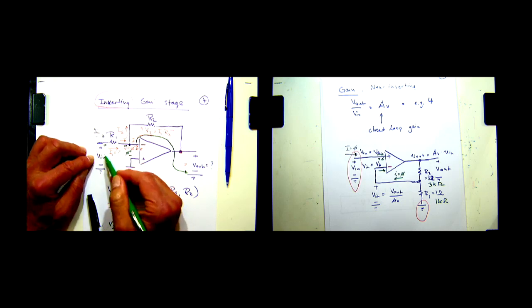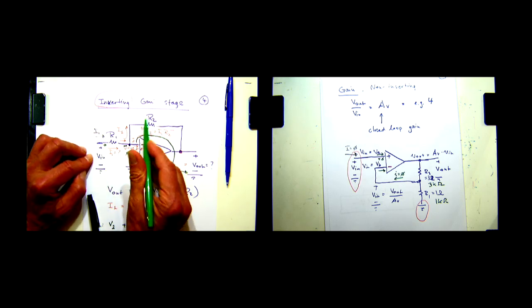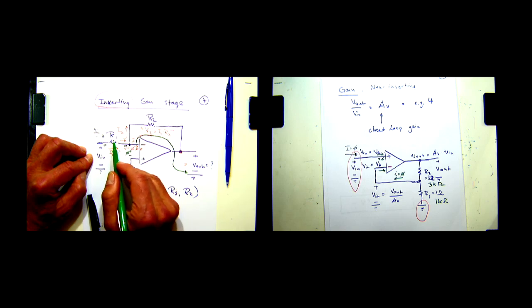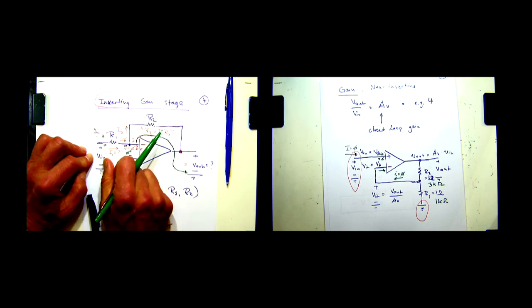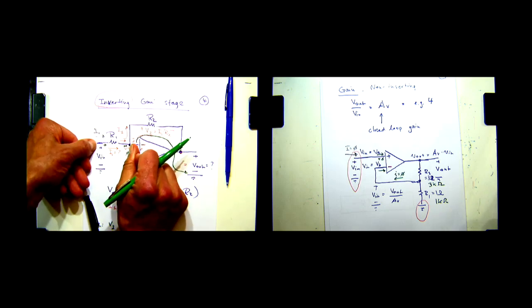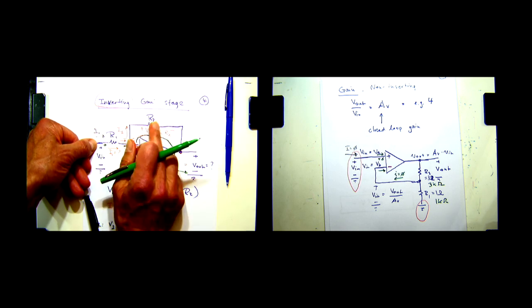Well, I1 is proportional to Vin, and if you make R2 larger than R1, the same current produces a larger voltage, and consequently we get gain. So we want this resistor here in order to produce the voltage Vout, but the current I1 is determined solely by Vin and R1, not by R2.